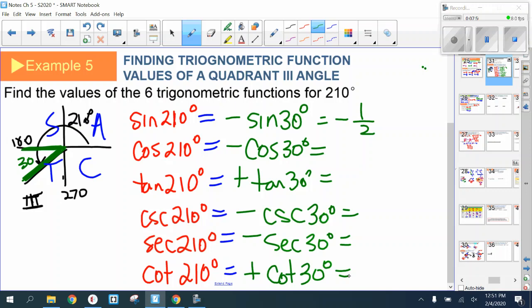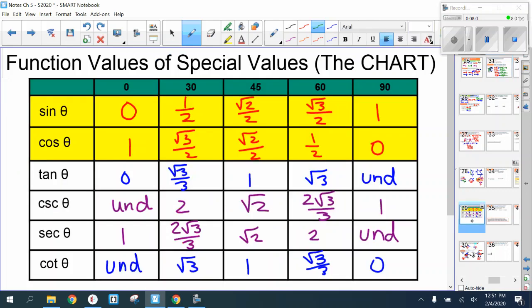So we know which ones are negative and which ones are positive. So just look back at the chart, all right? Again, I don't know that you want to memorize this chart, but here's cosine 30, here's tangent 30, and so we just fill in those values.